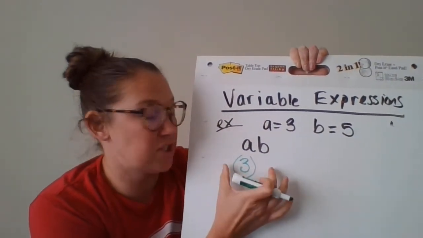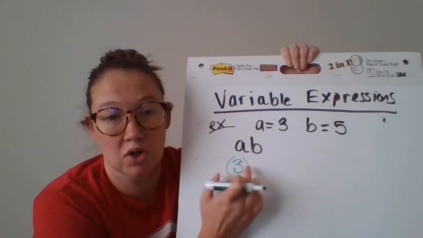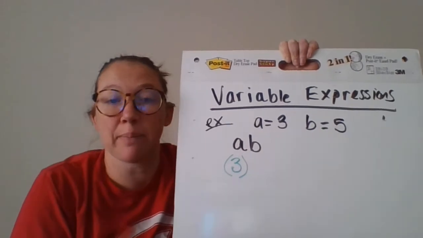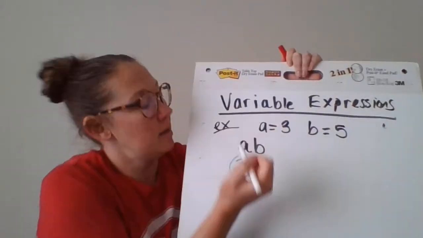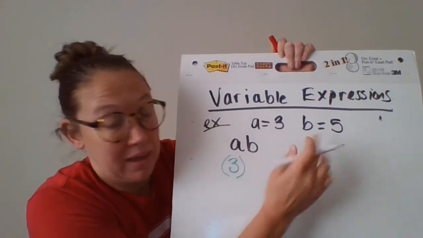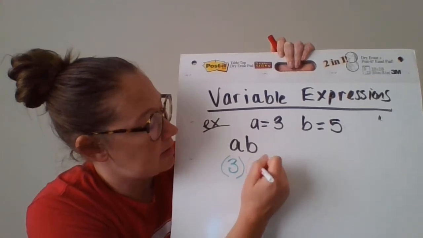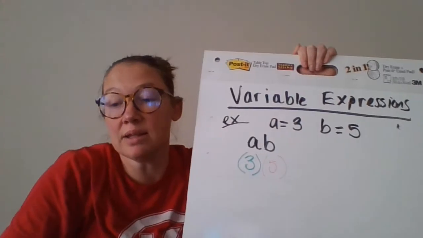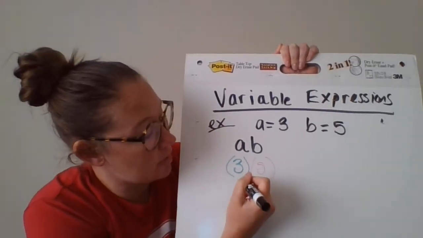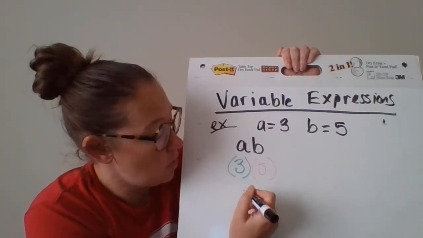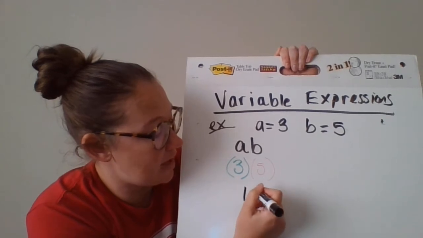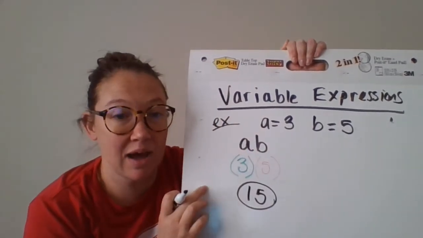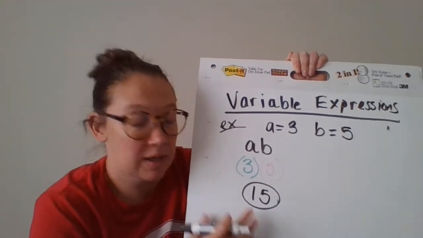So I don't want to write just the two numbers together because then it's just going to look like another number. So I want to use my parentheses to separate those out. So A is the number 3, B is the number 5. And if I want to simplify that down to an answer, I'm going to take 3 times 5. Well, we know that 3 times 5 is 15. So this expression simplified down with these values is 15.